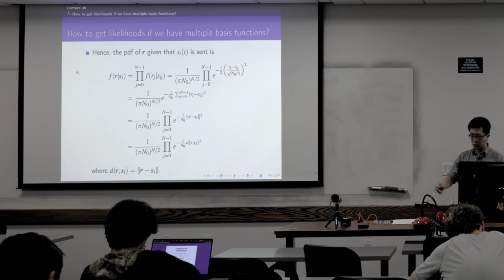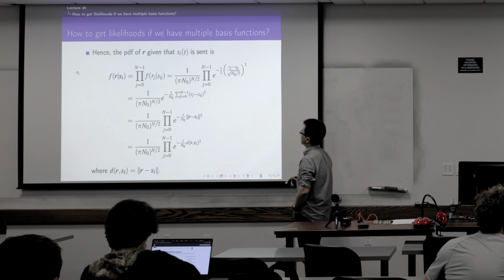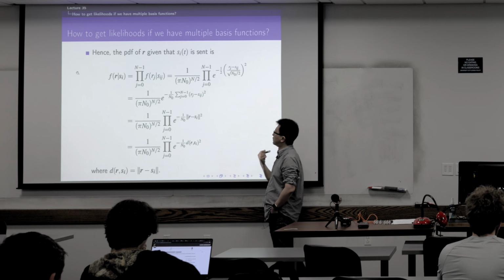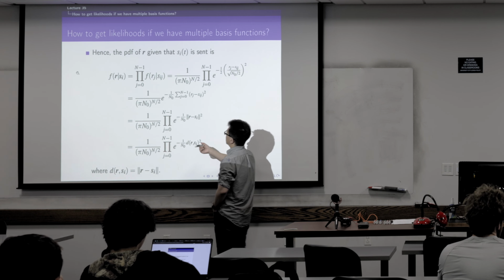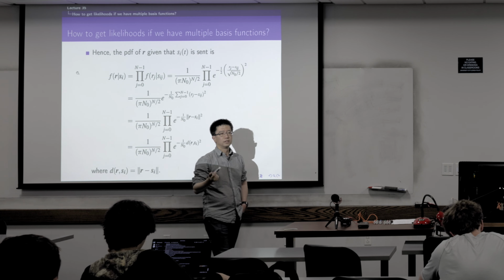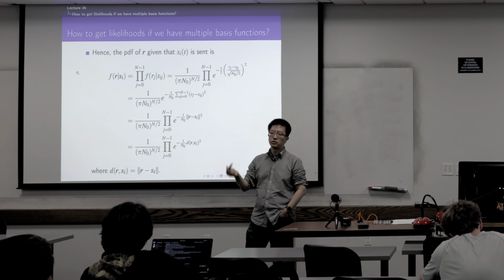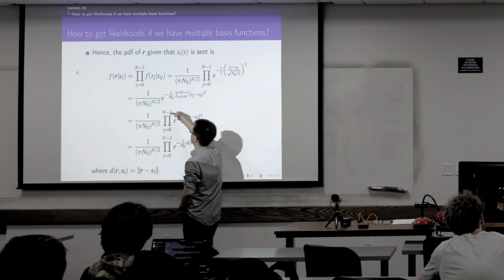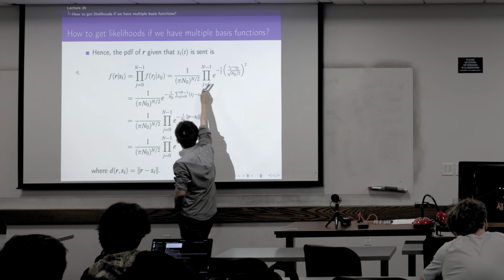And in this case, we can very easily write down the PDF of the joint distribution of R given Si, right? Because all of the elements Rj are independent, the joint PDF is a product of each individual PDF. So this is how we can compute it. If we write it down, it will look like this.